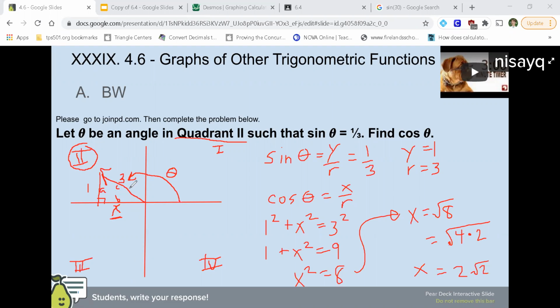It should be negative because we're left of the y-axis, right? This is where you have your negative x values. So this should be negative 2 square roots of 2. And so if we plug in our x and r values now, the cosine would be negative 2 square roots of 2 over 3.